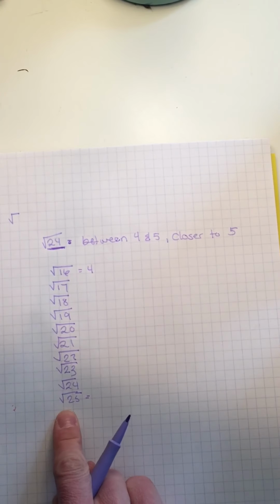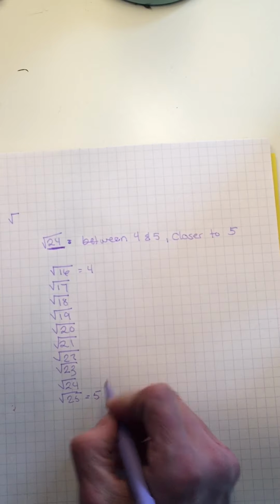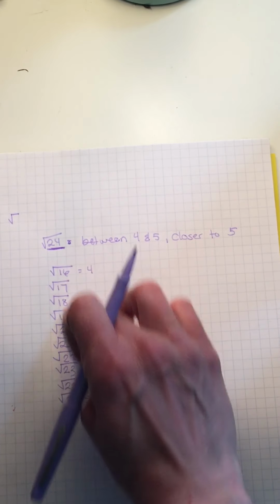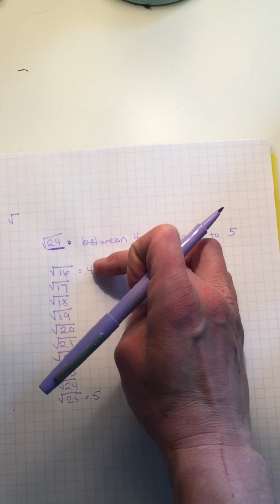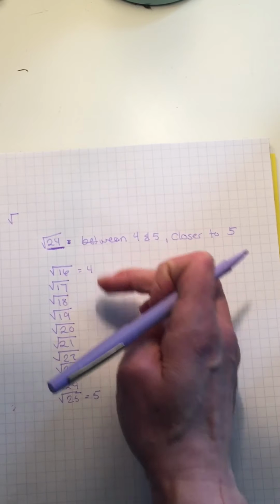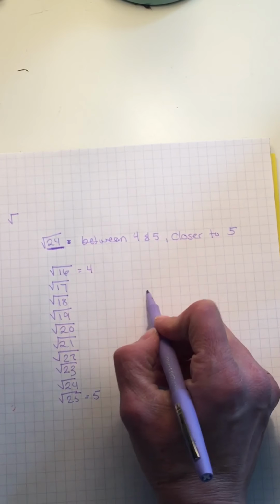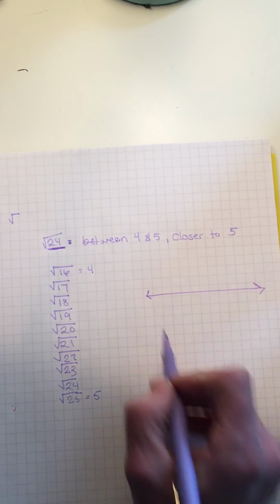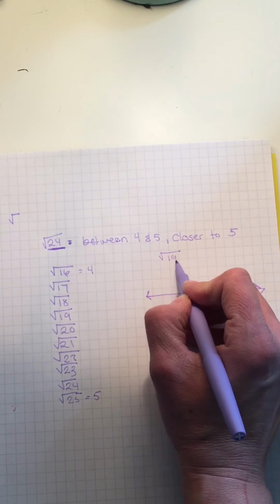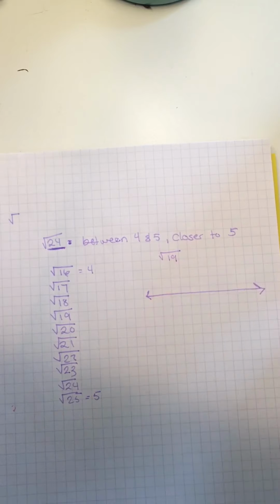And the square root of 25 is 5 because 5 times 5 is 25. All these are going to give me an answer somewhere in between 4 and 5. And depending on if it's closer to 4 or closer to 5, I would put it closer to that on the number line.